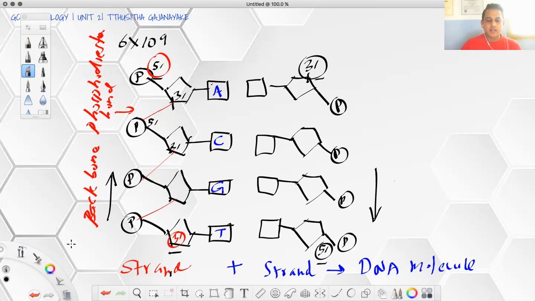And after that, in front of A, it should be thymine. In front of C, it should be guanine. In front of G, it should be cytosine, and here adenine. Because they make 2 hydrogen bonds here, and here make 3 hydrogen bonds.